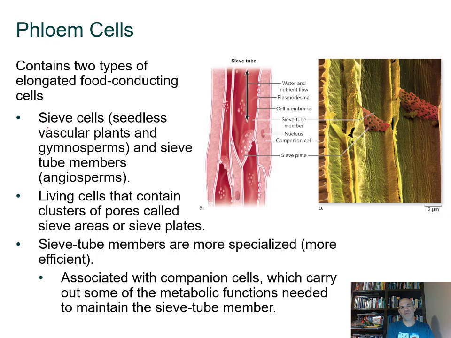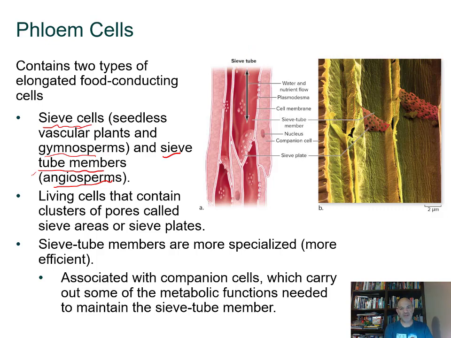So one of these types is going to be called sieve cells or sieve tube members, depends on what group of plants you're looking at, right? Most vascular plants and the gymnosperms, they're called sieve cells, and there's slight modification when it comes to the flowering plants, the angiosperms. They're called sieve tube members. But in any case, they both have individual cells that have cell wall and living cytoplasm.